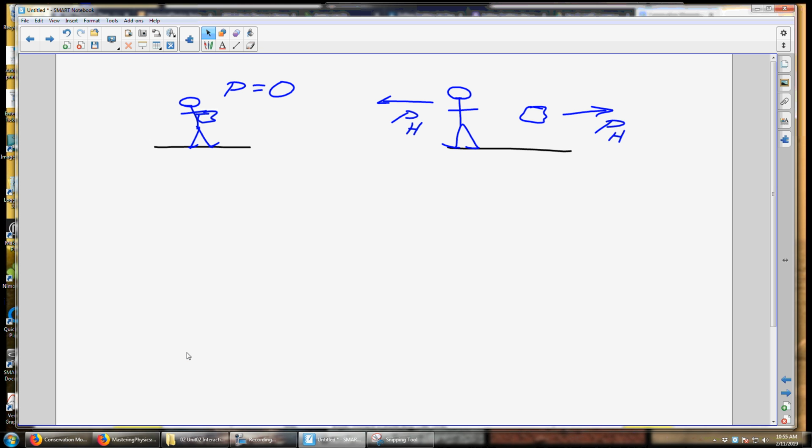Alright, let's see. From my equation sheet, momentum of the system before equals the momentum of the system after. Momentum is mass times velocity. So, beforehand, technically this is a hockey player and helmet.